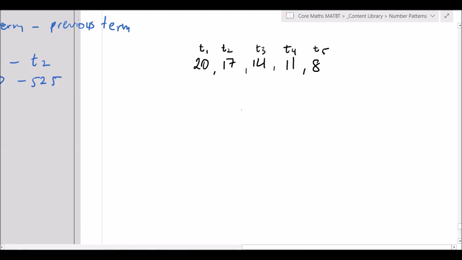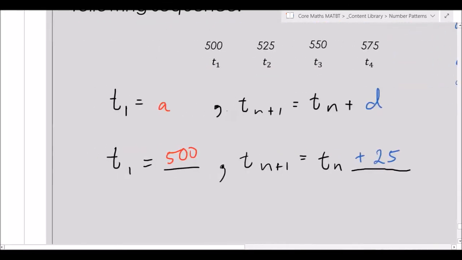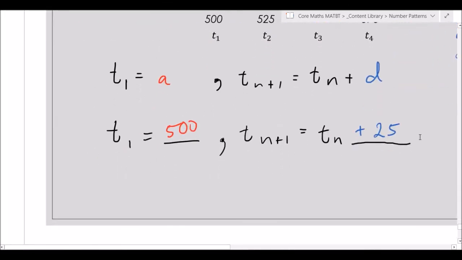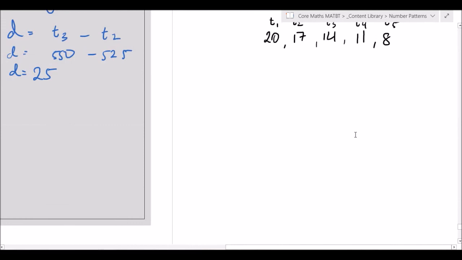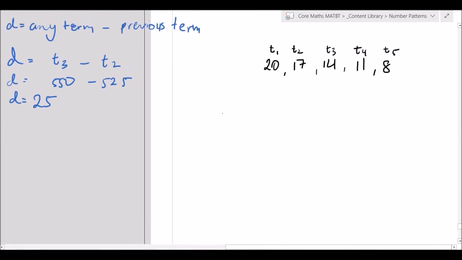So let's make my recurrence relation for this. Remember, your recurrence relation has to look like this. It's going to have to be T1 equals, what's my first term? Tn plus 1 equals Tn, and then what's the common difference? Those are the two things you need to write.